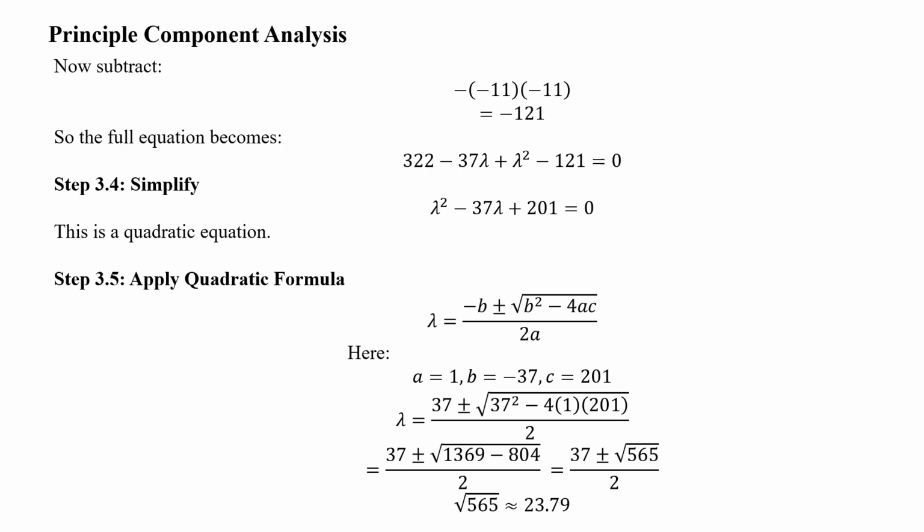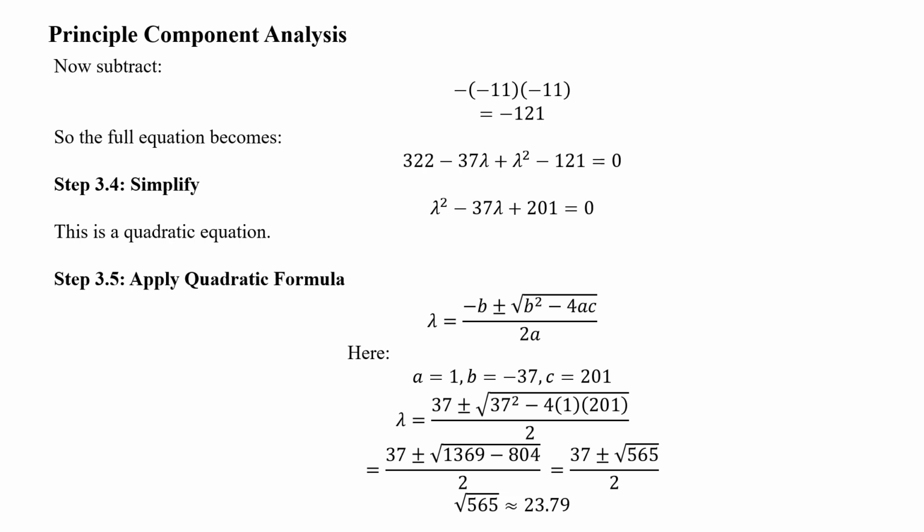Since the determinant formula requires subtraction, we subtract 121. So the full equation becomes 322 minus 37 lambda plus lambda squared minus 121 equals 0.